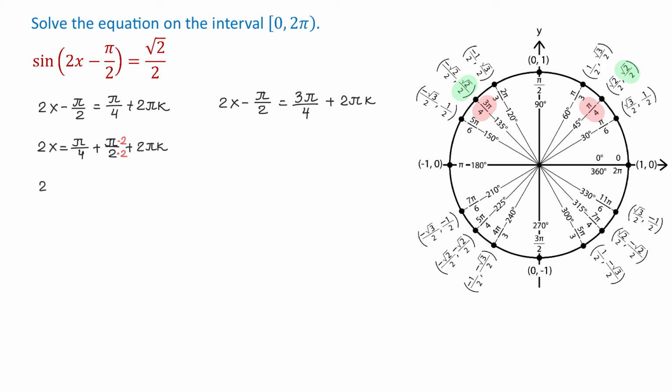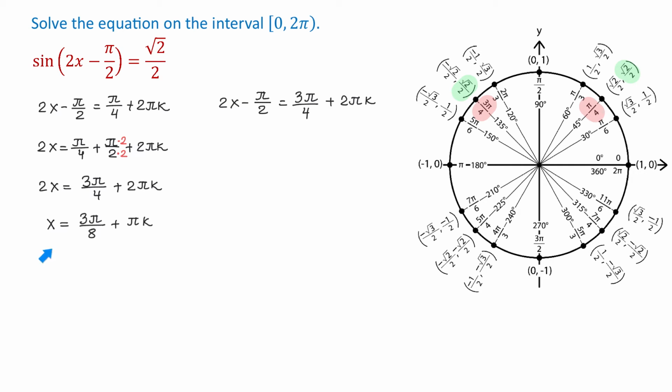Then we will have 2x equals 3 pi over 4 plus 2 pi multiplied by k. Then in the next step, we will divide both sides by 2. So on the left side, 2x divided by 2 is x, and on the right side, 3 pi over 4 divided by 2 is 3 pi over 8, and 2 pi k divided by 2 is pi k.